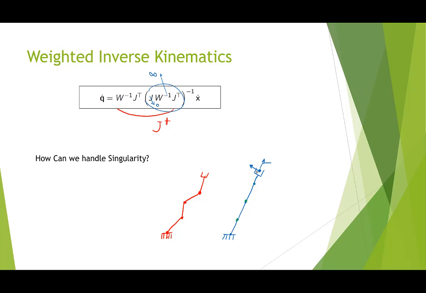If we want to get here, let's get there using this configuration. Our secondary task would be to make the distance between the joints and their singular configuration as far as possible. This is a nice idea to use secondary tasks of a redundant robot to avoid singular positions.